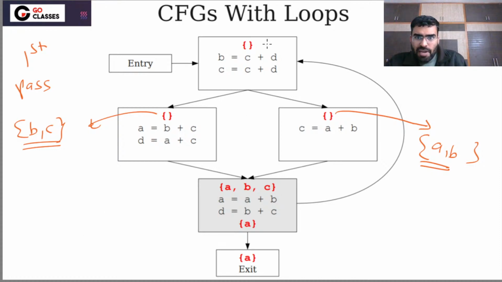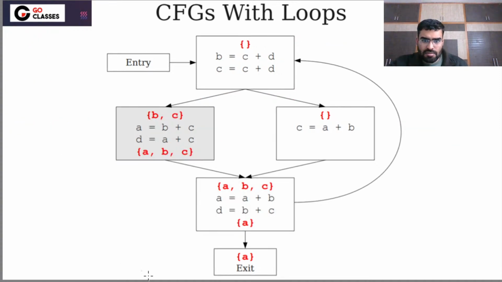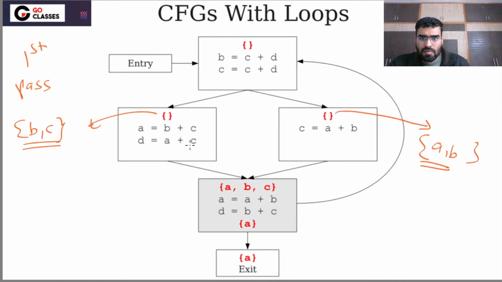So tell me, what will be live here? You can notice these are the two successors, this successor and this successor. So you have two successors here, correct? So finally, what will be live here?